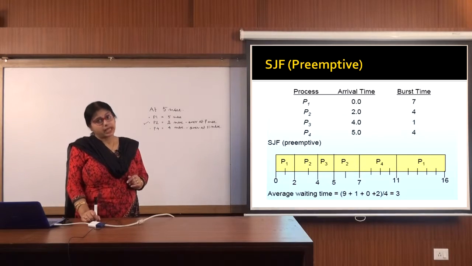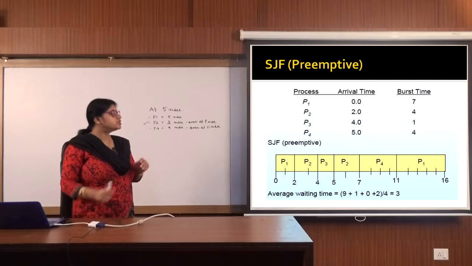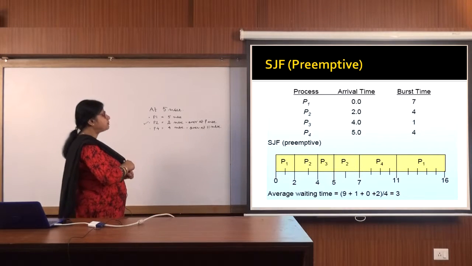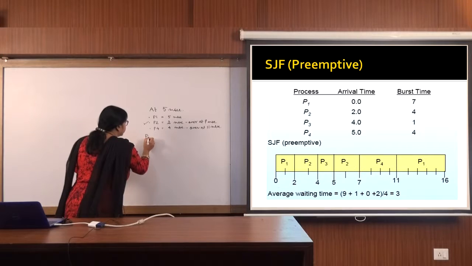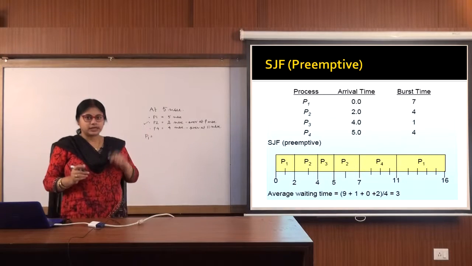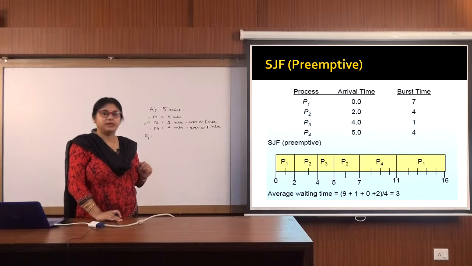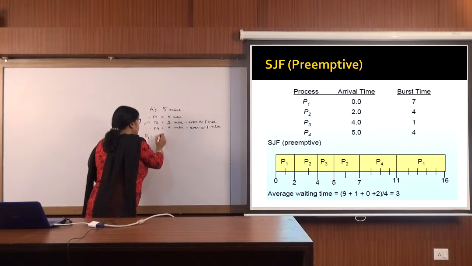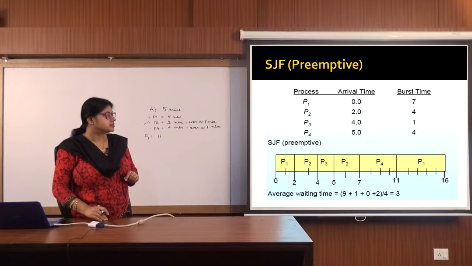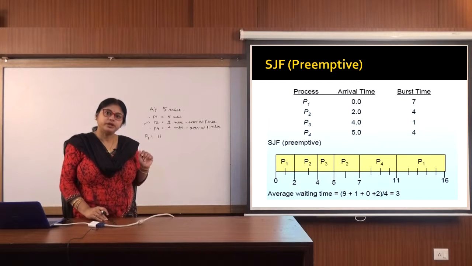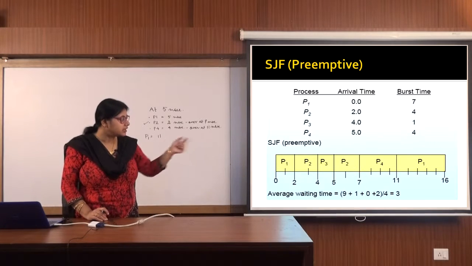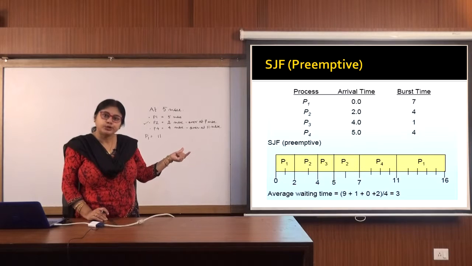Now I have to find the average waiting time. The waiting time for process P1. Look at the Gantt chart. Lastly, P1 starts at 11 millisecond time period. But it has already worked inside the Gantt chart at the very beginning for 2 milliseconds.